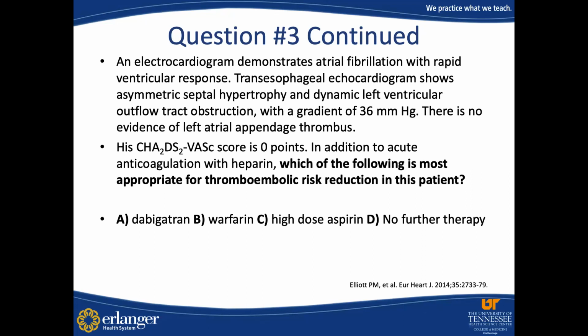So as well as starting acute anticoagulation with heparin, what is the most appropriate therapy for thromboembolic risk in this patient? Do you do dabigatran, warfarin, high dose aspirin, or no therapy? So Michael, what do you think? Yeah, that's what I tried to do, it gives you time to think without feeling the pressure, right?